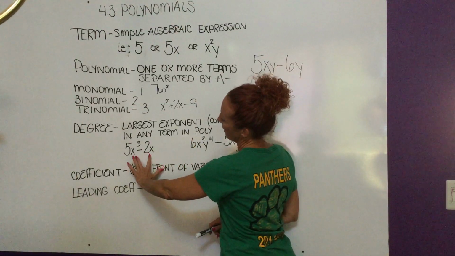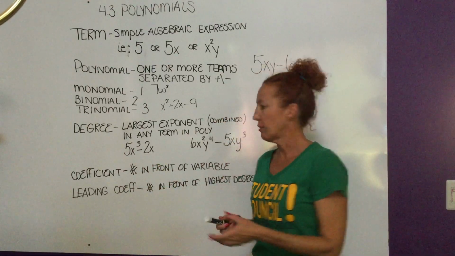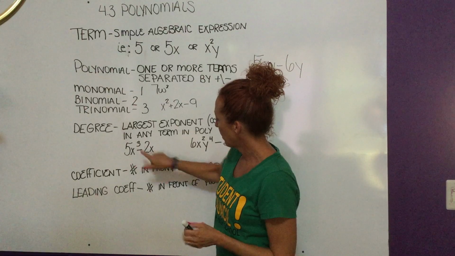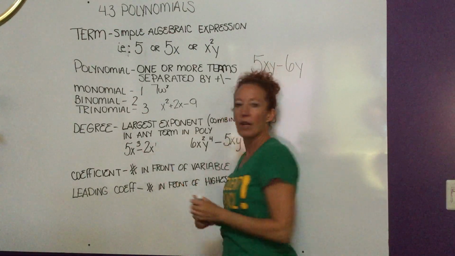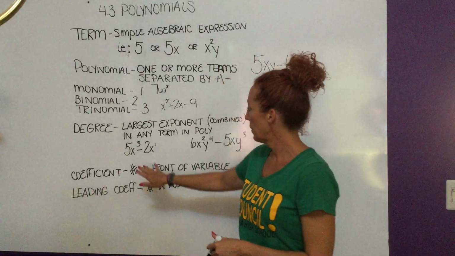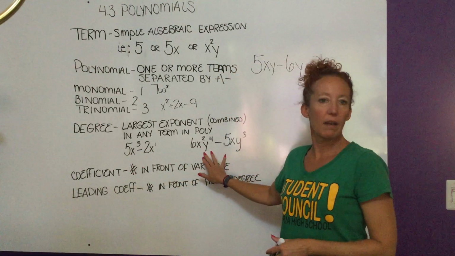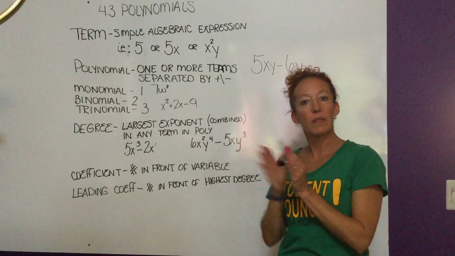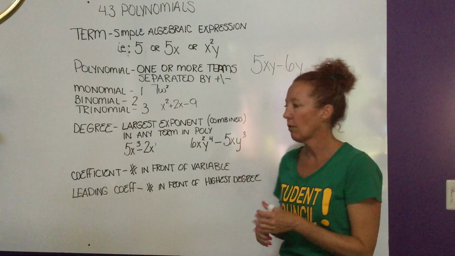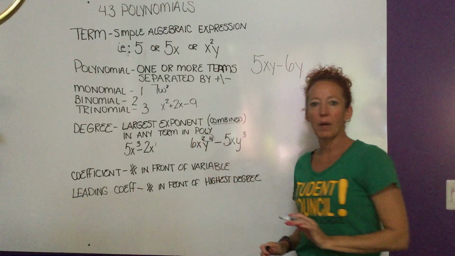This one's a little bit easier because it's the largest exponent in any term. So this is x to the 3rd, that's x to the 1st. Clearly 3 is bigger than 1, so this would have a degree of 3. But over here we have x's and y's within the same term. So what do you do then? You add these together. That's what I mean by combined.